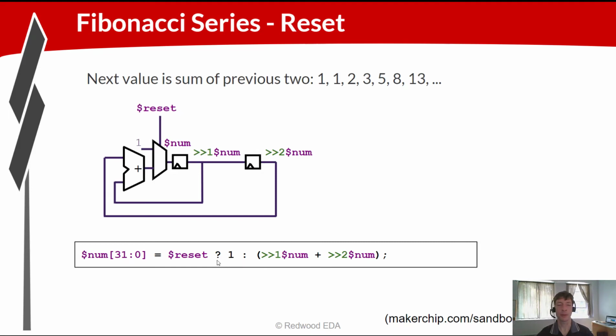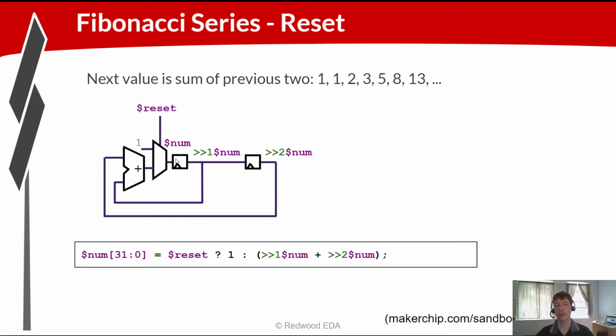And you're probably familiar with this, if not from Verilog, from C or JavaScript, etc. So this ternary operator is going to select 1 if reset. Otherwise, it's going to select this expression. And this expression is the sum of the previous value and the previous value.